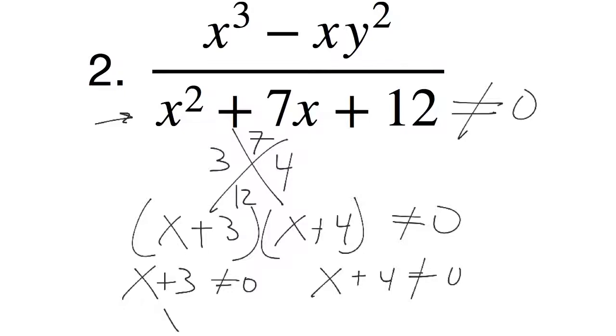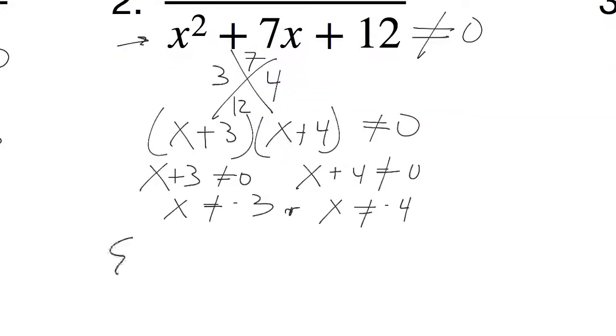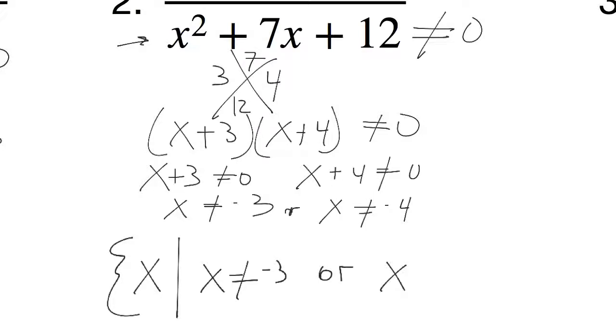So we get x should not equal negative 3, or x should not equal negative 4. And the way you write that is the domain is all x such that x is not equal to negative 3, or x is not equal to negative 4.